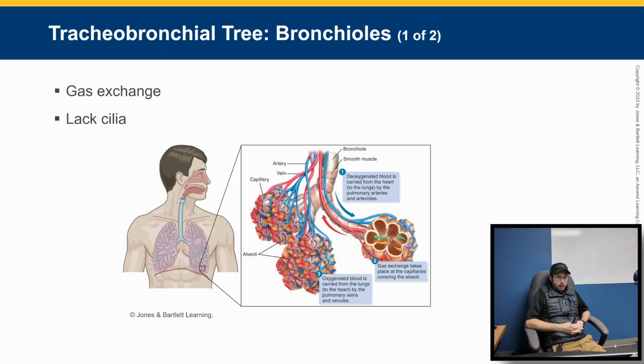Okay. In the bronchioles, the bronchiole itself doesn't participate in gas exchange, but the bronchiole delivers the air from the trachea to the alveoli where that gas exchange happens. Okay.